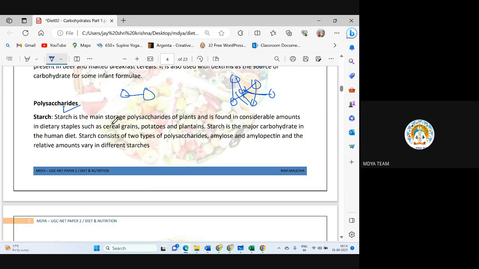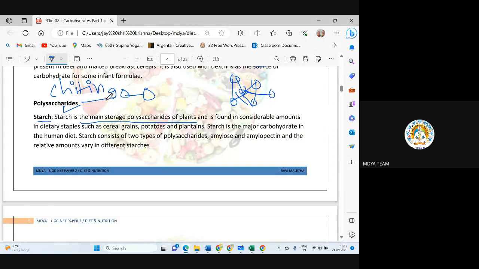Starch is the main storage polysaccharide of plants. Means in plants, the polysaccharide is mainly stored in the form of starch. There are very different types of polysaccharide. One is starch, one is chitin. Chitin is also a polysaccharide.